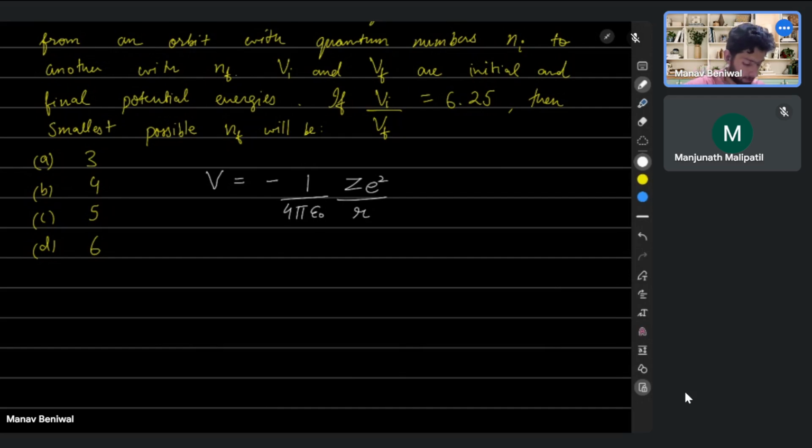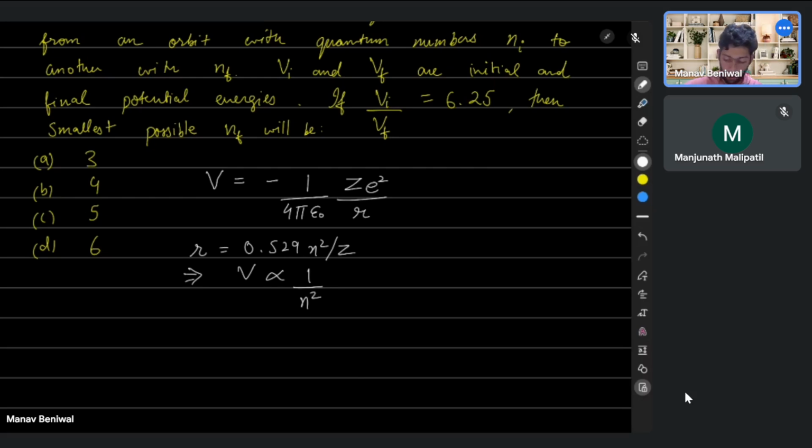And we know that for Bohr's atom, r goes as 0.529 n squared over Z. So what this implies is that V is proportional to 1 over n squared.